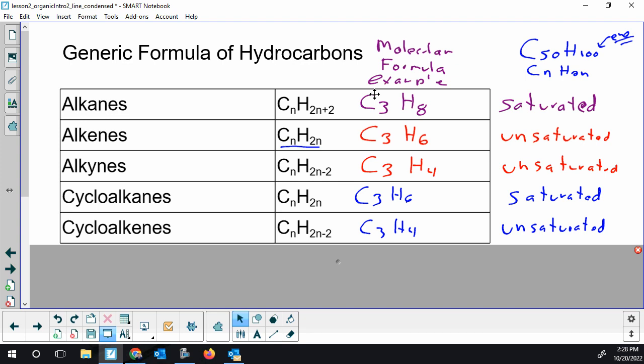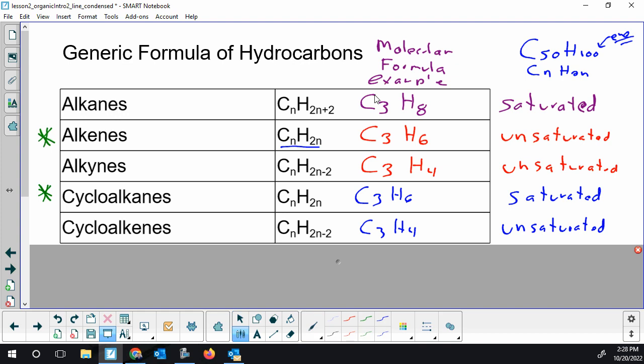If we're trying to name or draw C50H100, CnH2n, we should be only considering alkenes, or we could have cycloalkanes. There's no way you're going to have one triple bond in a C50H100. It's just impossible. There's too much hydrogen to fit in the triple. So those two kind of pair up.